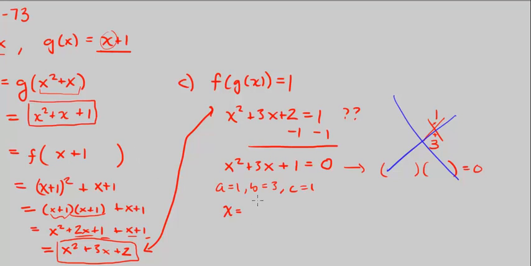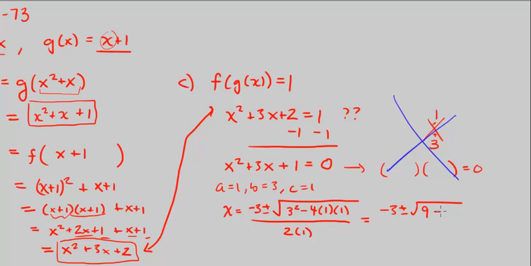So x equals negative b, which is negative 3, plus or minus the square root of b squared, which is 3 squared, minus 4ac, which is 4 times 1 times 1, all over 2a, which is 2 times 1.